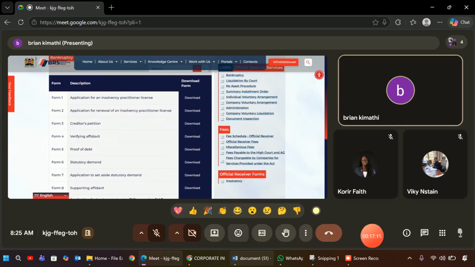So for example, when you're closing a company, you need to strike, but when you're closing a limited liability partnership or a general partnership, ama ile inaitwa liability partnership, yes, it's called a liability partnership. When you're closing because you've gone insolvent, so that the application is for insolvency.